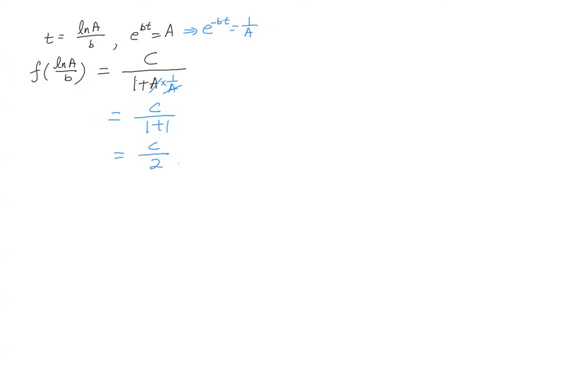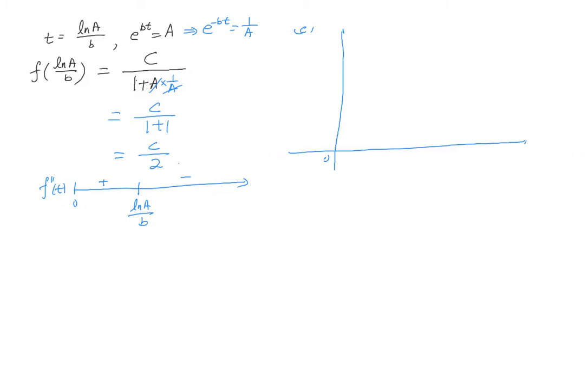If you sketch your f double prime t sign diagram, this is your ln A over B. So here will be positive and here will be negative. So for your part C, when we sketch the graph, it starts from here, the y-intercept.